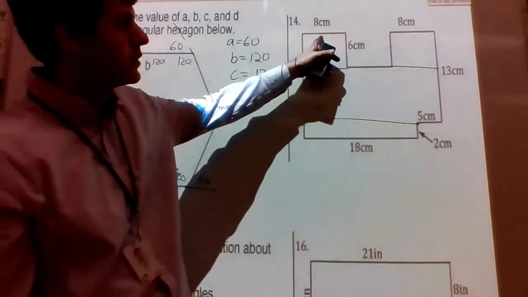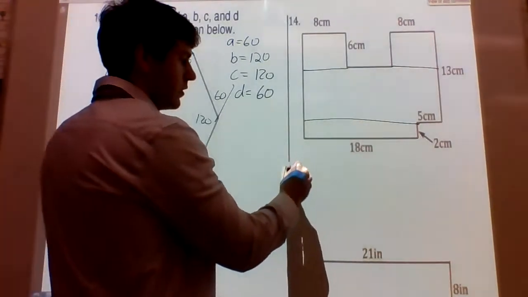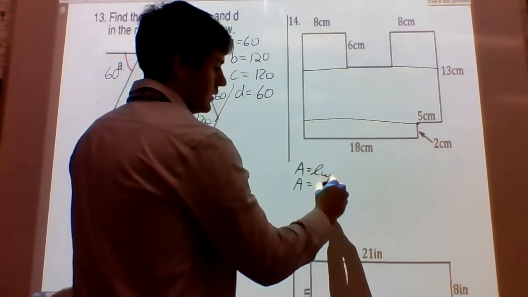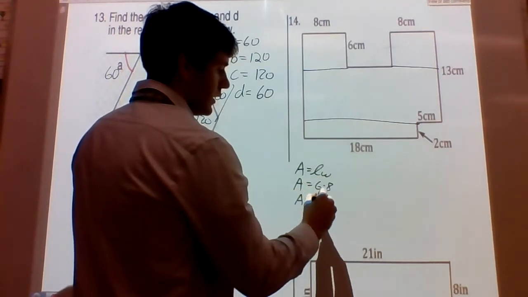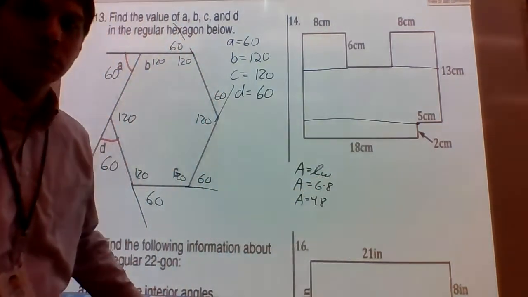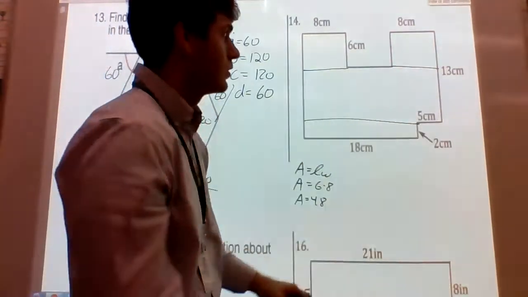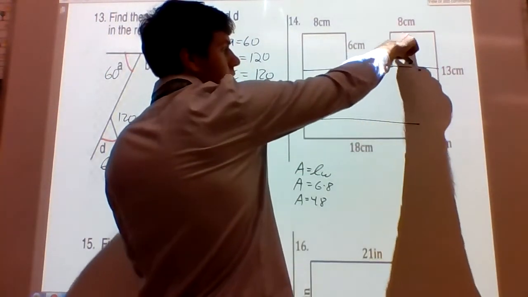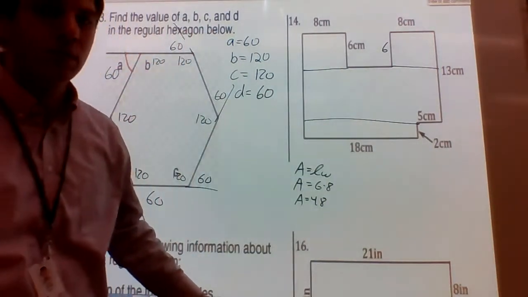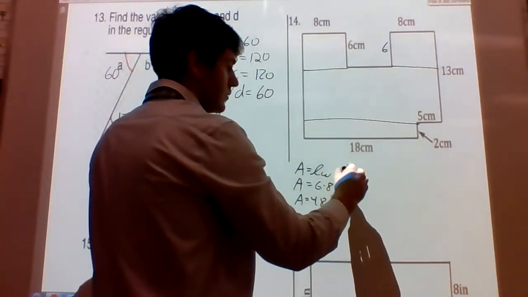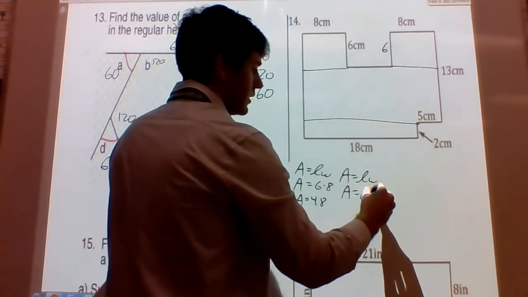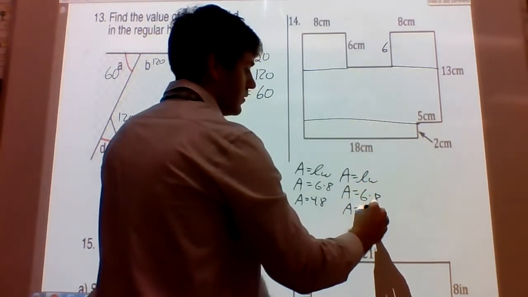This rectangle is 8 by 6, so the area, which is length times width, is going to be 6 times 8, which is 48. This one is also 8 times 6. Again, area is length times width, so 6 times 8, which is 48.